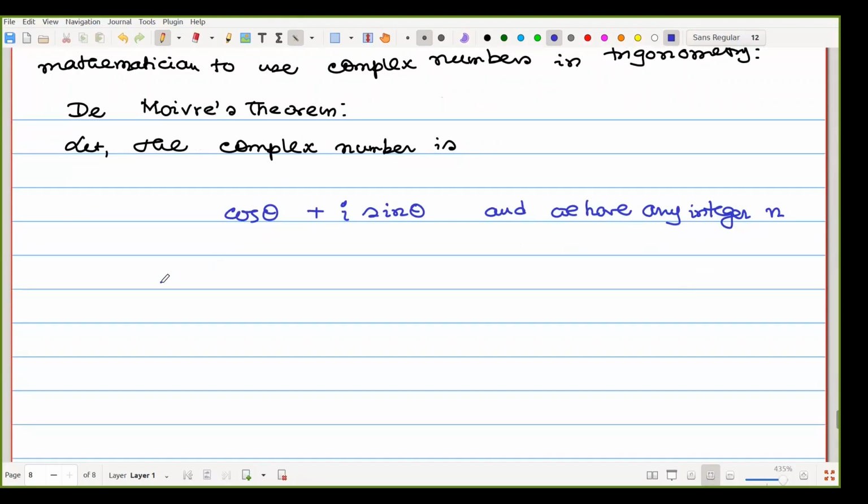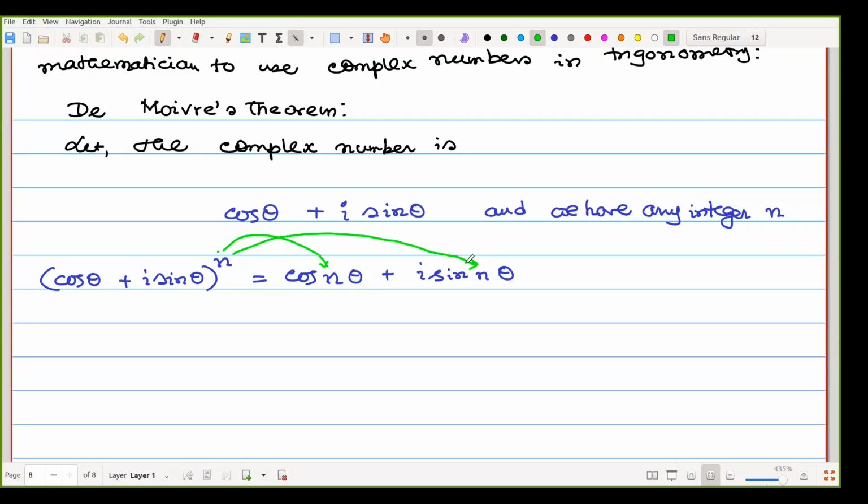Then cos theta plus i sin theta, whole to the power n, can be written, very important, as cos n theta plus i sin n theta. Just look at the n. n is nothing, just multiplied with the angle, which is the power.